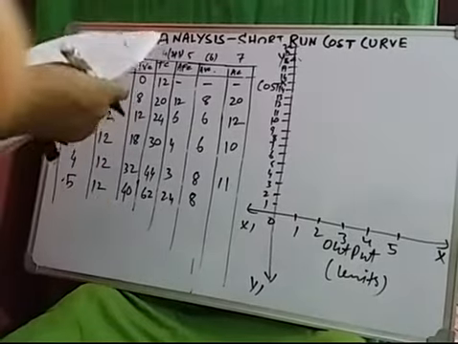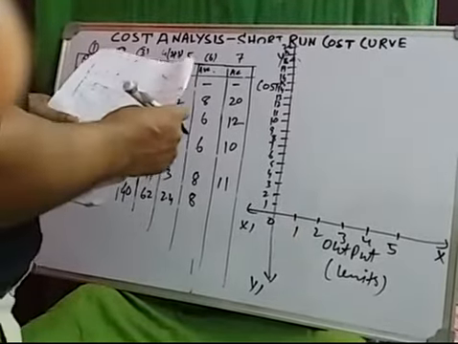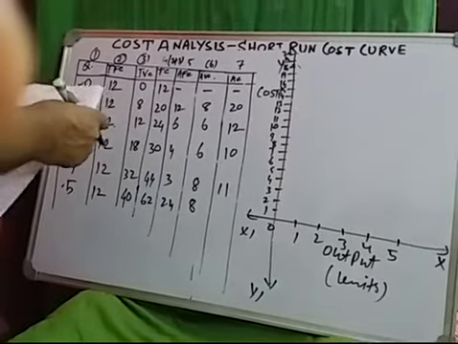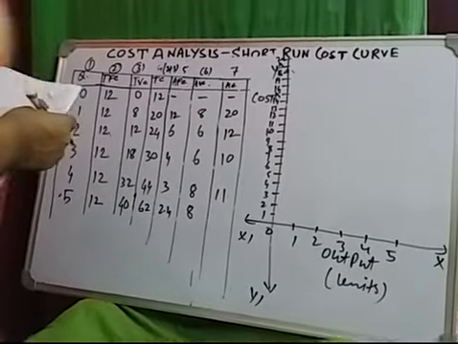Okay, so now if I put the data, then I can get the AC curve, average cost curve.